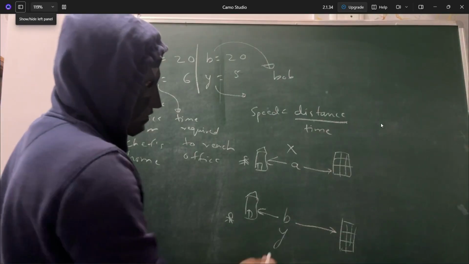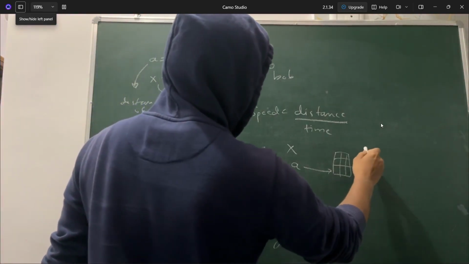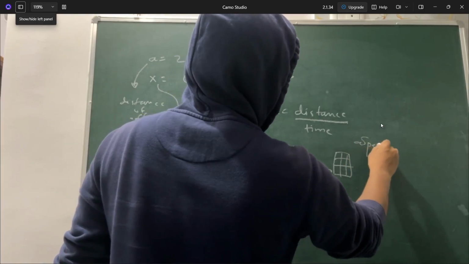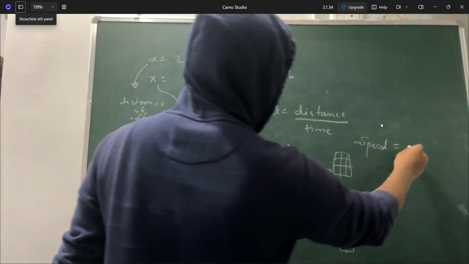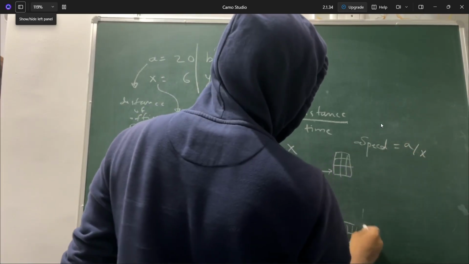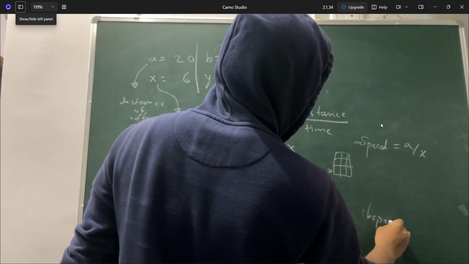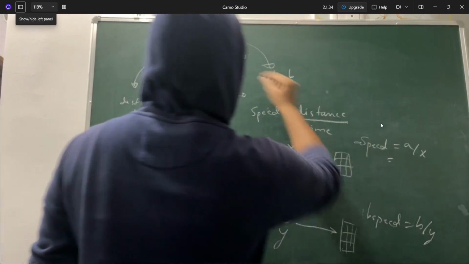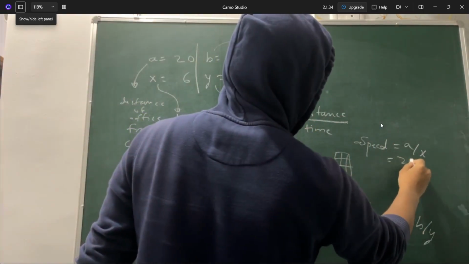So Alice's speed is a by x, right? And Bob's speed will be given by b by y. So what is a? 20. x is 6.